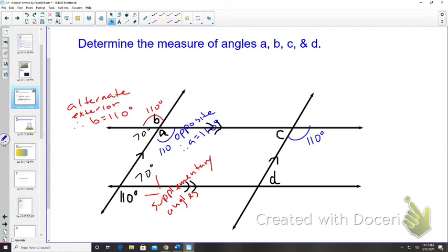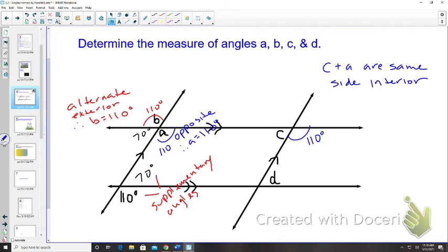So C and A are on the same side of our transversal lines. Same side interior.